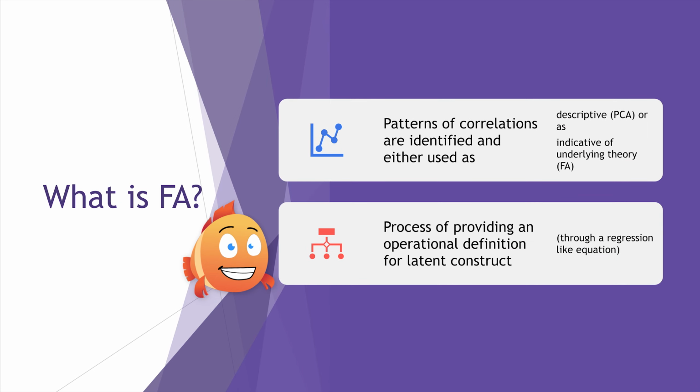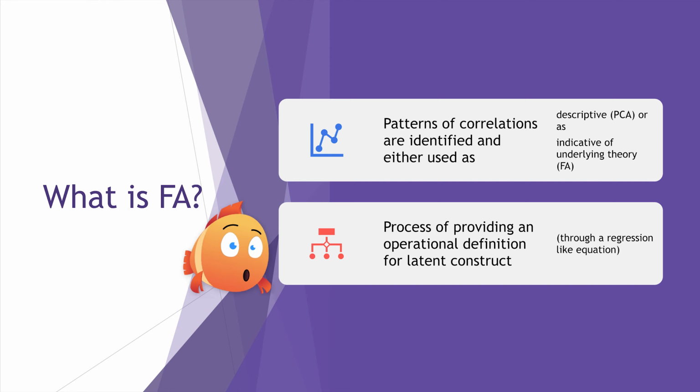All right, so factor analysis and PCA both help us identify patterns of correlations. PCA is more of a descriptive approach where its goal is not to identify the underlying structure, but merely to optimize the efficiency of how it compresses the data.